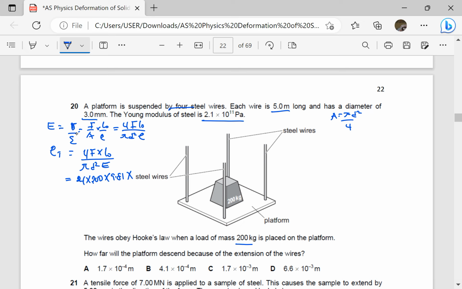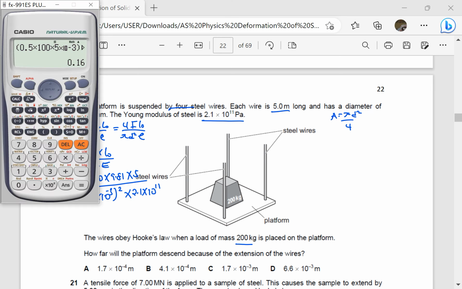So I'll just say times 5. Then I will divide this by pi, the diameter of each wire is 3 times 10 power negative 3, and this is squared. Then times the Young modulus, which is 2.1 times 10 power 11.